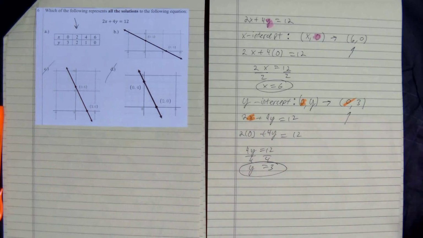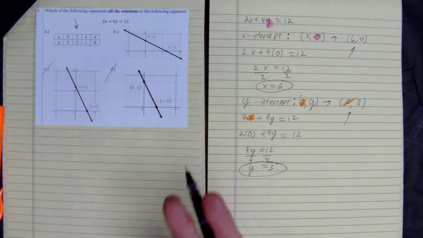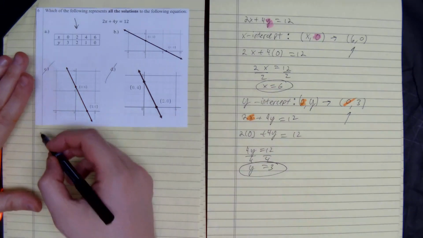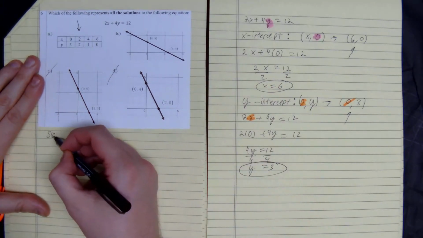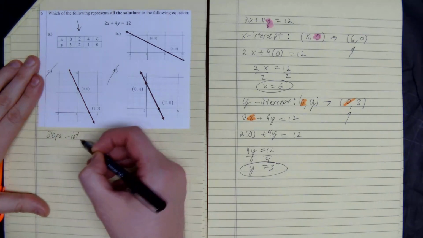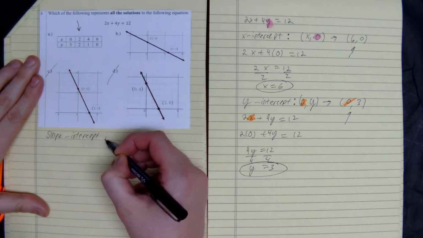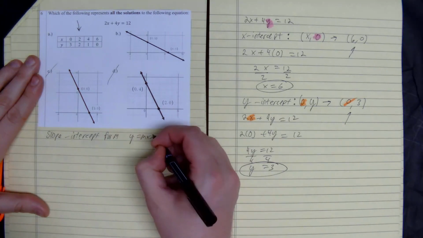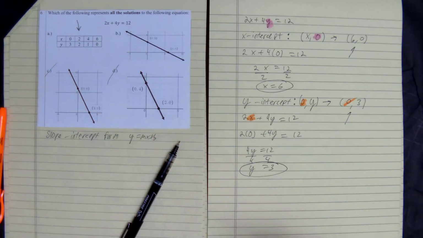So we need to do a little bit more investigating because the whole point is to find which one is the better solution. Let's put this in slope-intercept form to figure out the slope. Whole goal is to get y by itself.